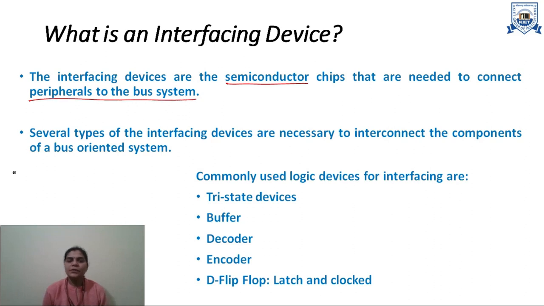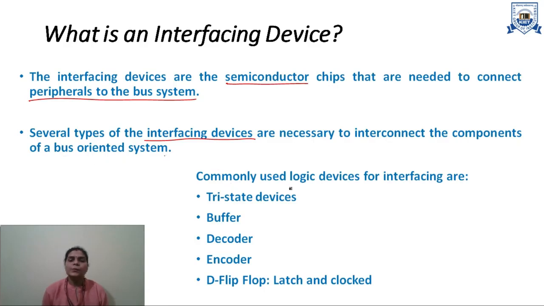In a computer, we have various components such as processor, memory, input, output, and bus system. So we need to interconnect those components. For different purposes or several types of interfacing, we need interfacing devices to interconnect the components of a bus-oriented system.